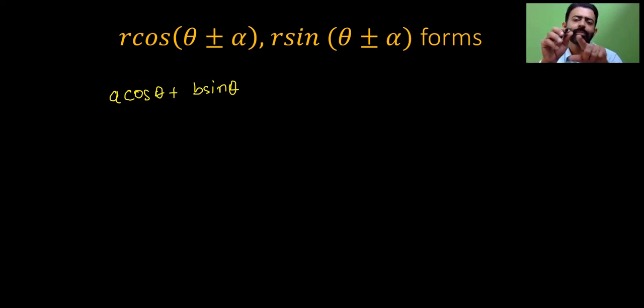Practically, what is happening is that the resultant wave flows from the transmitter to the receiver. It is not that a cos theta comes from one direction and b sin theta from another and both signals arrive at your mobile phone. No, it is not the case. I'm talking in a very crude sense; actually there is more maths involved, but this is to make you understand the main logic behind converting a cos theta plus b sin theta into the r cos theta or r sin theta form.